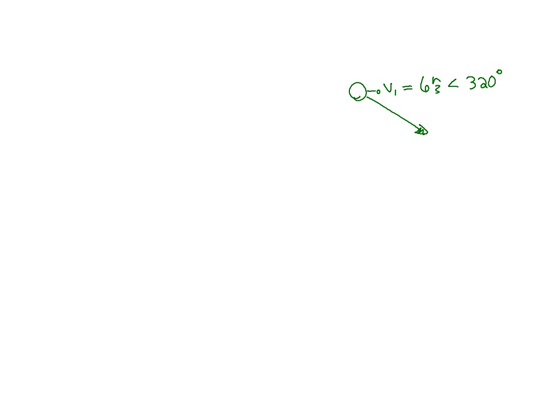Pool ball number 2 might be 2 meters per second at an angle of 30 degrees. I still have to get the x and the y components of this. Now this is a pool ball. These are pool balls. So this is more likely a 2-dimensional hit and bounce problem.